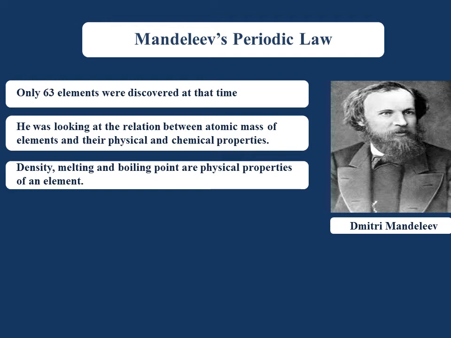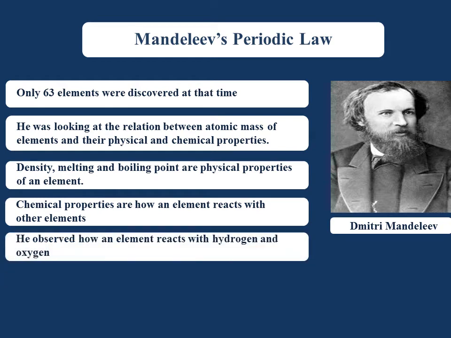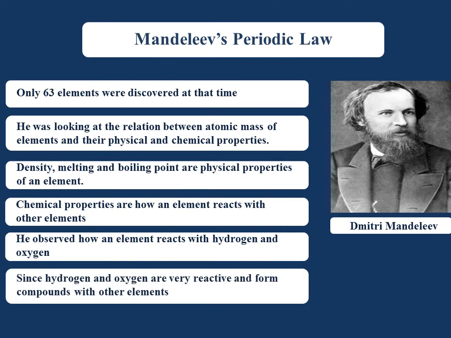Density, melting point, and boiling point are physical properties of an element. And what are chemical properties? Chemical properties are how an element reacts with other elements. He observed how an element reacts with hydrogen and oxygen. He chose hydrogen and oxygen since they are very reactive and form compounds with other elements.